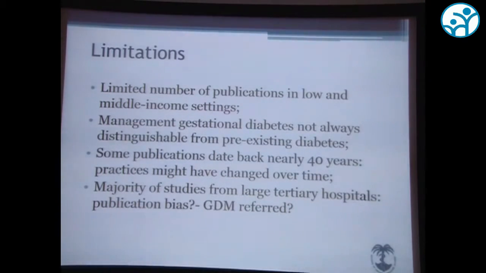And as I said earlier, some publications already date back nearly 40 years, so practices might have changed, guidelines have changed over time. And the majority of studies are from large tertiary hospitals. So for sure there is a publication bias that doctors from tertiary hospitals are more likely to publish their results, but also in a lot of settings, patients who have been diagnosed with gestational diabetes are referred to tertiary settings.